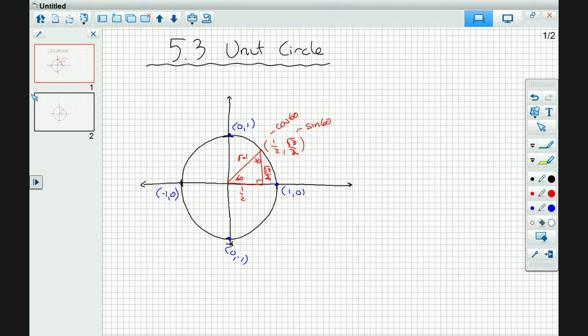So what's the sine of 0? 0. Right? What's the cosine of 90? 0. And the sine of 90 is 1. See how this is starting to make a pattern here. Cosine, sine. Cosine of 180, sine of 180. Cosine of 270, sine of 270.